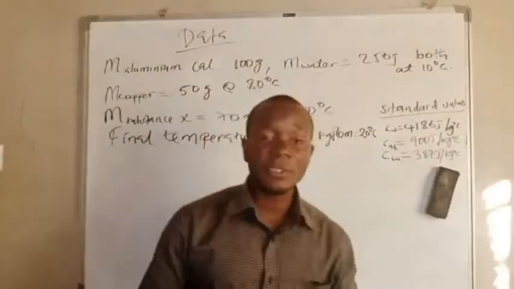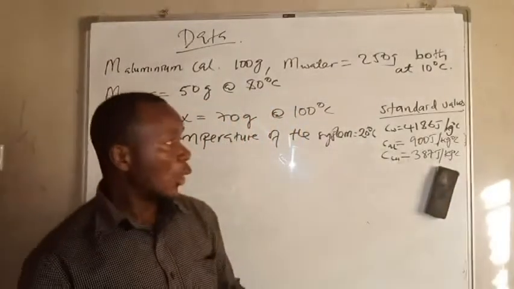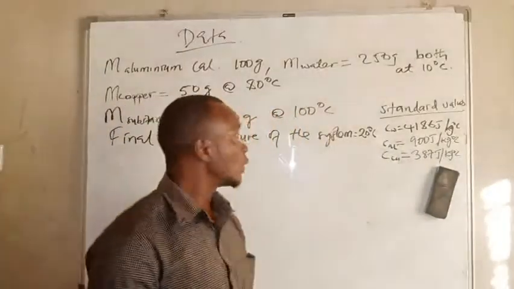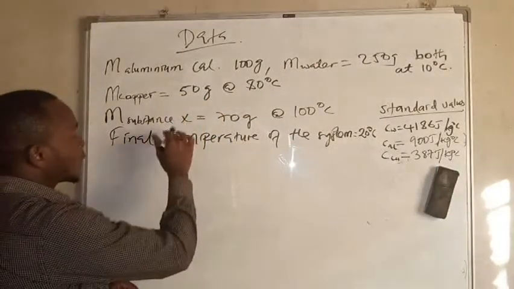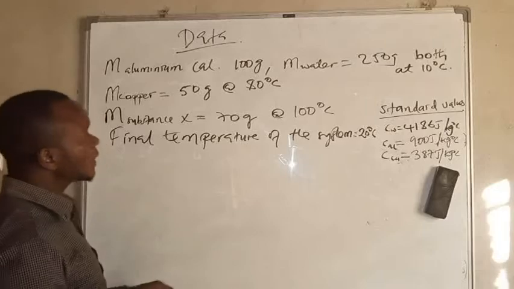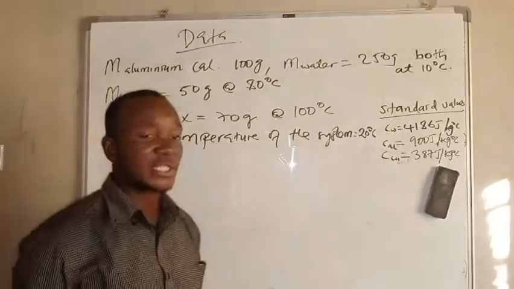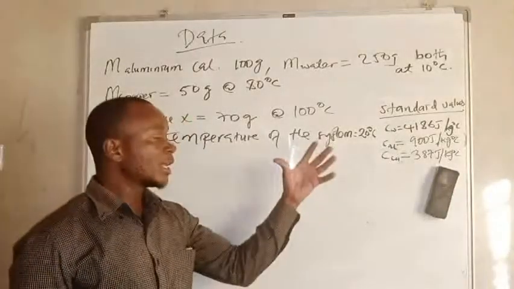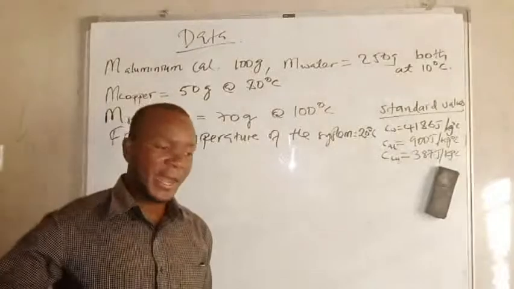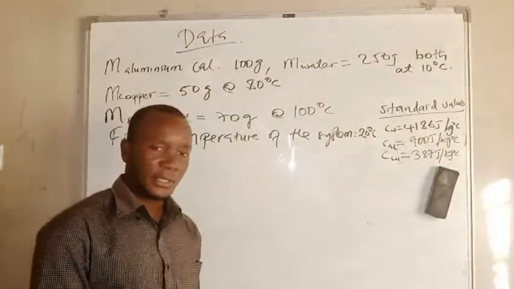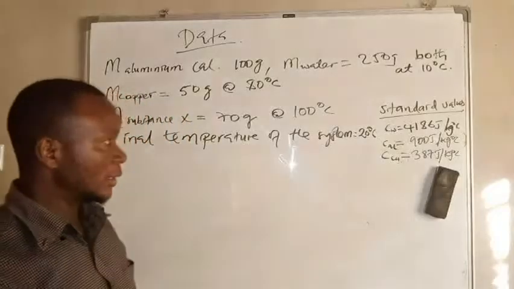Now, based on this information, we're going to determine the specific heat of the substance that we do not know. So the substance that we don't know is substance X here. In this case, we're going to consider energy conservation. As we work out this question, we need to understand that the summation of the energy must give us 0 because energy can neither be created nor destroyed.